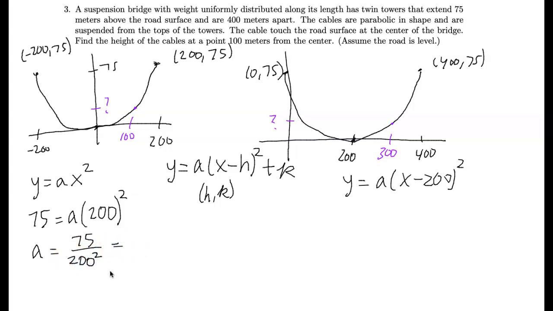And this comes out as a decimal. It is 0.001875. And so my equation is y equals 0.001875 x squared.